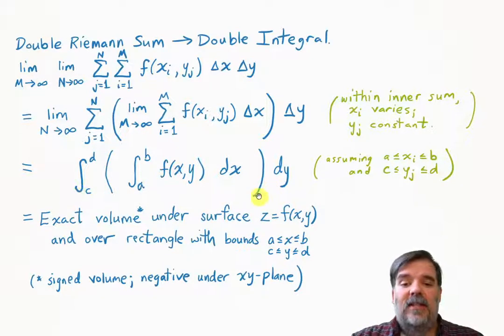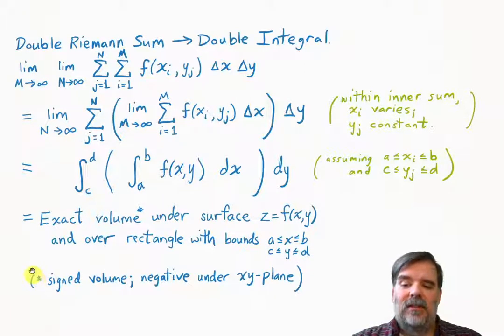And this will give us the exact volume underneath this surface, but lying above this rectangular region in the xy plane. However, there's an asterisk on volume here. By volume, I actually mean signed volume. Just as is the case in single variable calculus, this function could in fact be negative, which will give you a negative contribution to the volume.